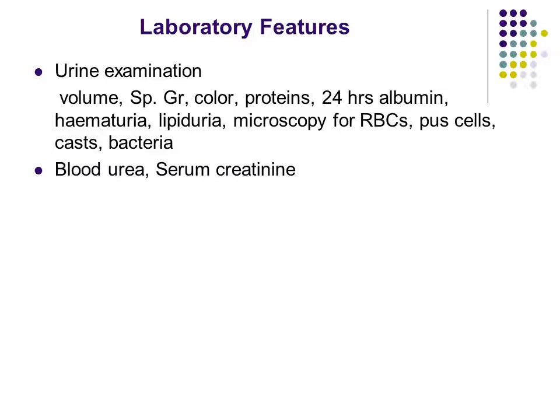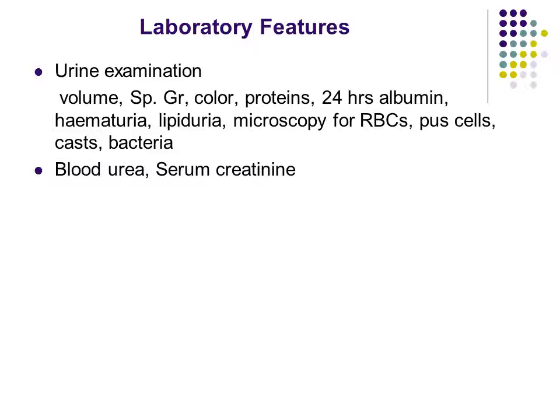Casts are the cylindrical structures which are formed because of the constituents in the urine. For example, when RBCs are passed through the tubules, at some places they will form a clog, and when they are removed from those tubules with the passing urine, you can see on microscopy of the urine that the RBCs have taken the shape of the lumen of the tubule, and these are called casts.